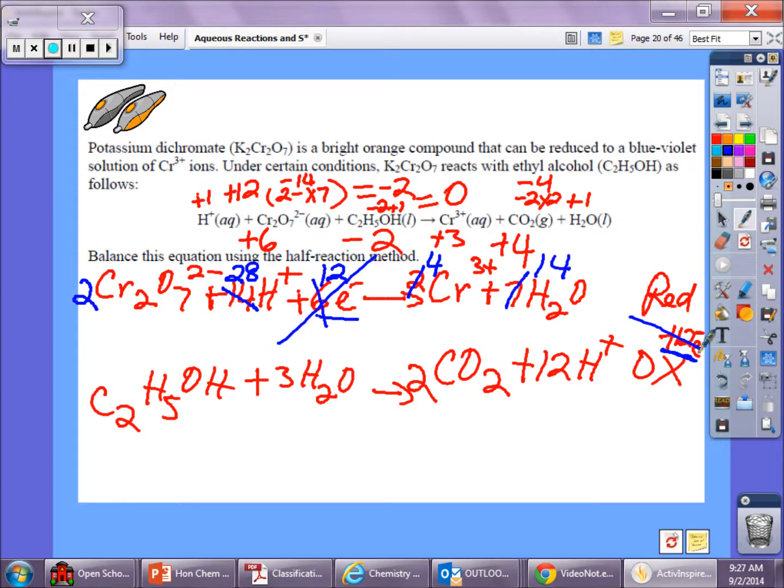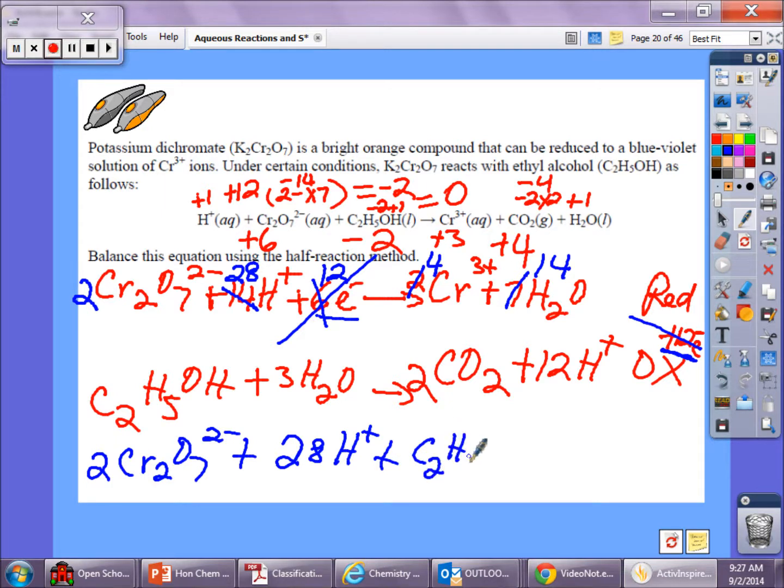I cancel them out, and then I rewrite my equations. So I have 2 Cr2O7 2 minus plus 28 hydrogen ion plus 1 C2H5OH.